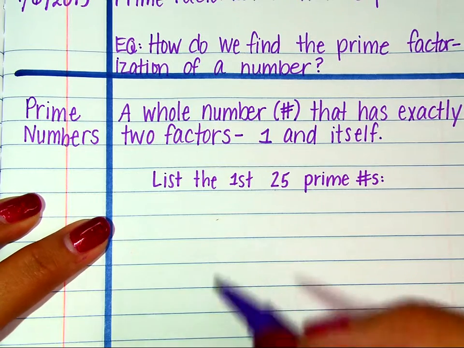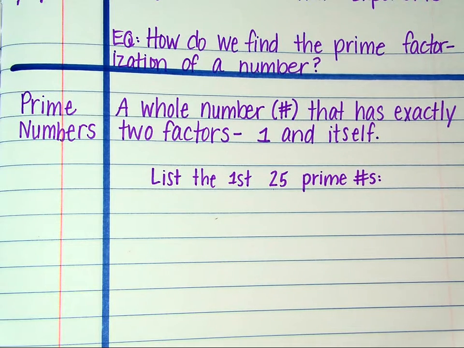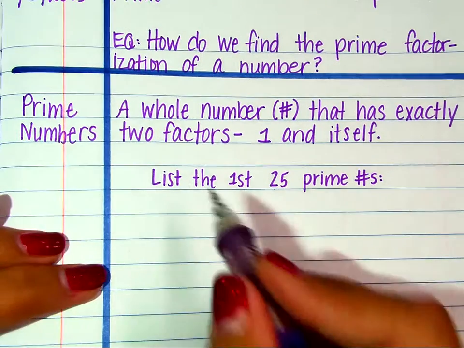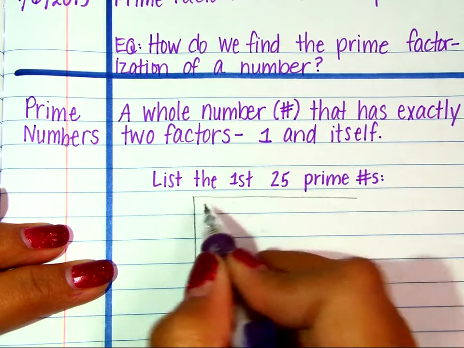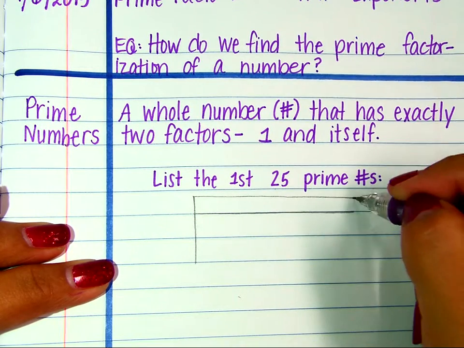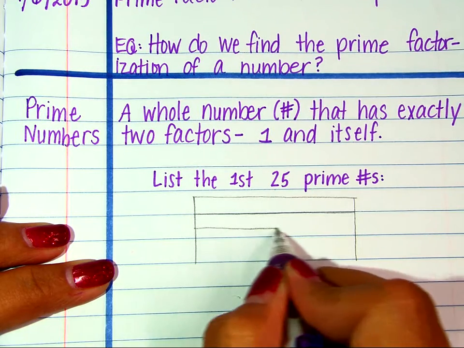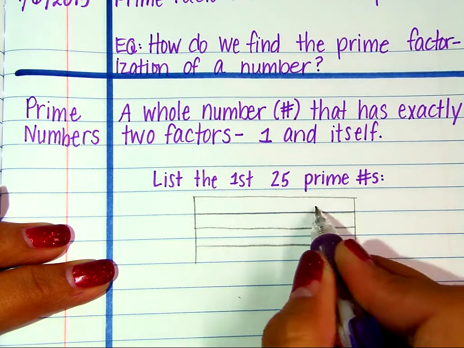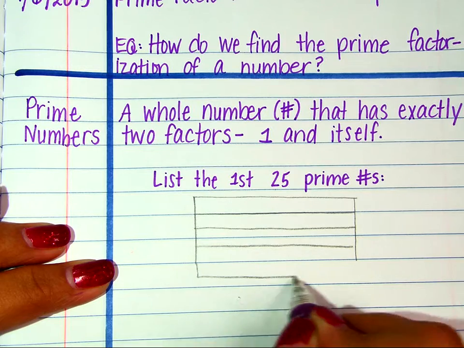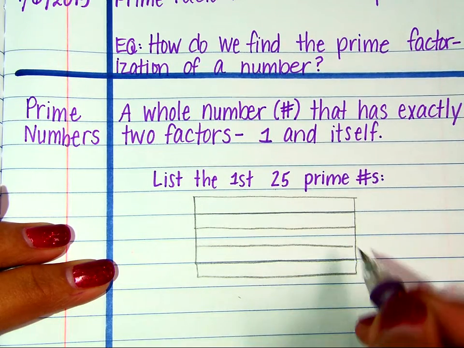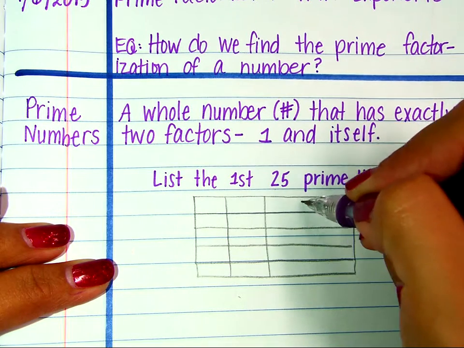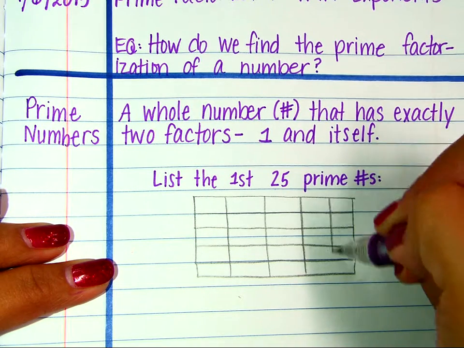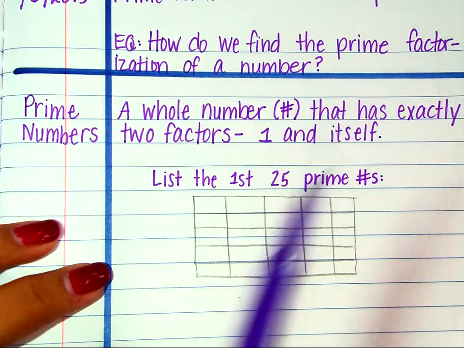I'm going to make a small pencil grid, five rows and 5 columns, just so I can keep my numbers in order.